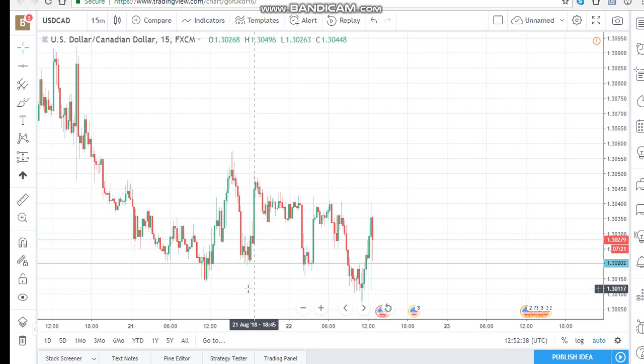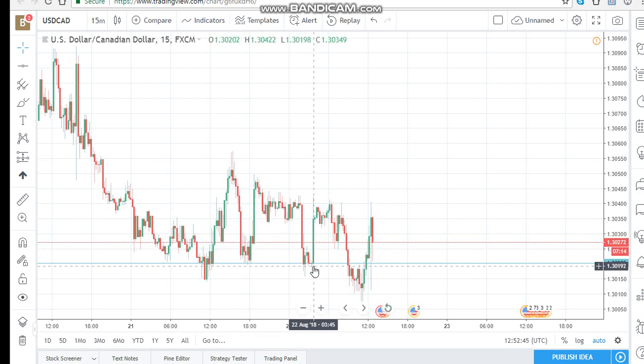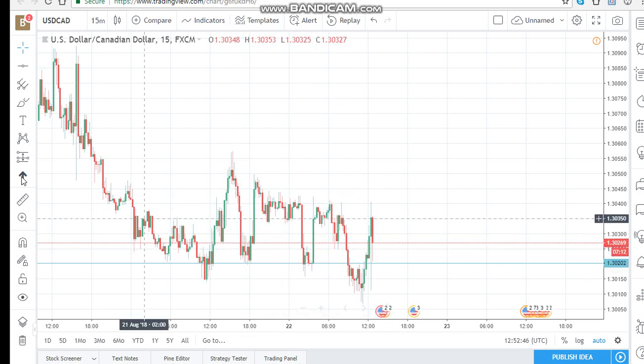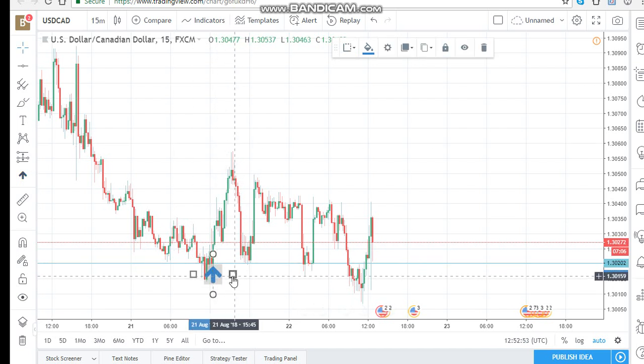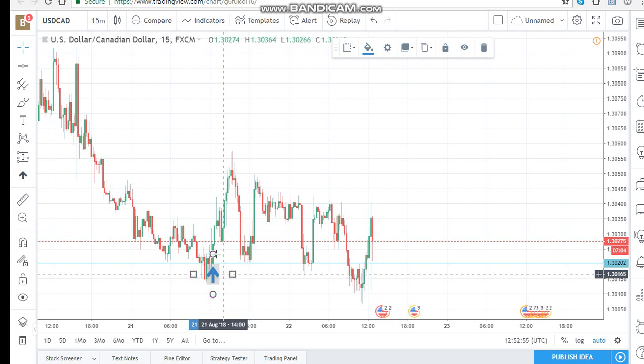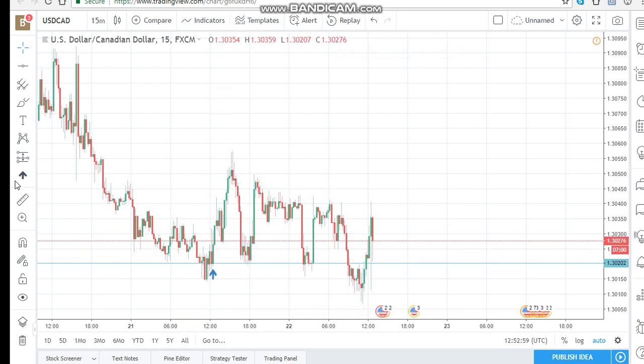So what makes a trend line strong is the level of support and the level of resistance. If we can just bring this arrow here for me to show you. They start buying from this point. They want the trend to go back up, but the sellers were selling very hard.